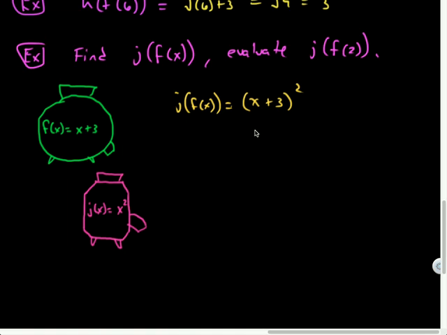How do I simplify that? How did I do this? I used a pattern that we all have memorized, or you could have FOILed x plus 3 by itself, something to that effect. So there's my j of f of x machine.